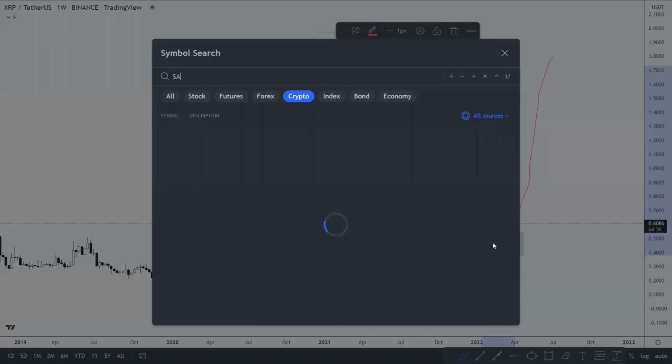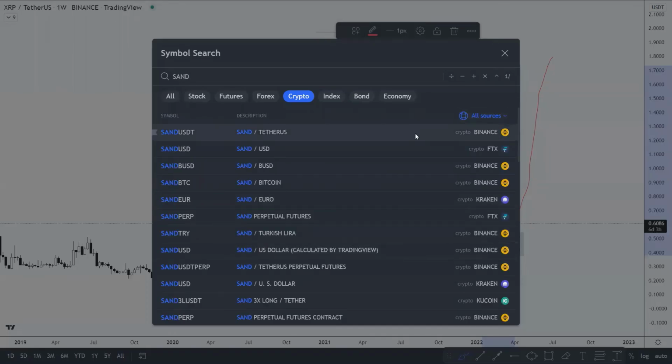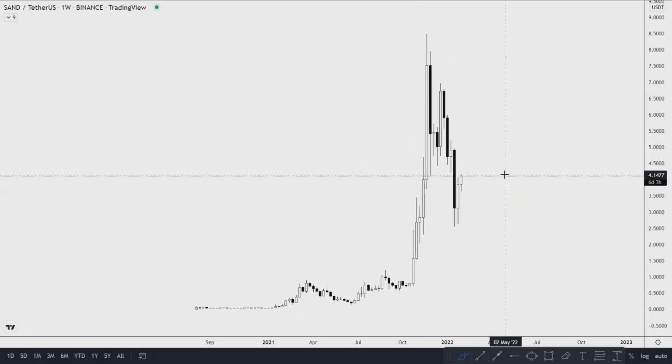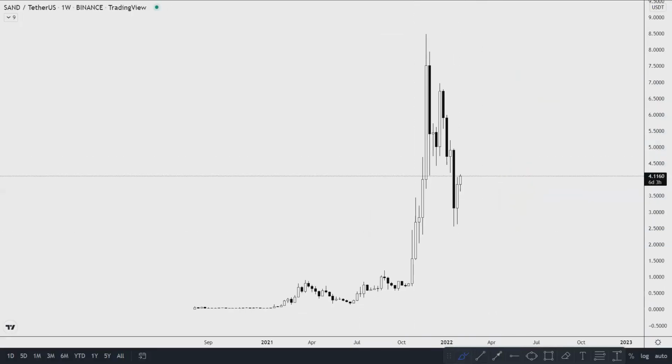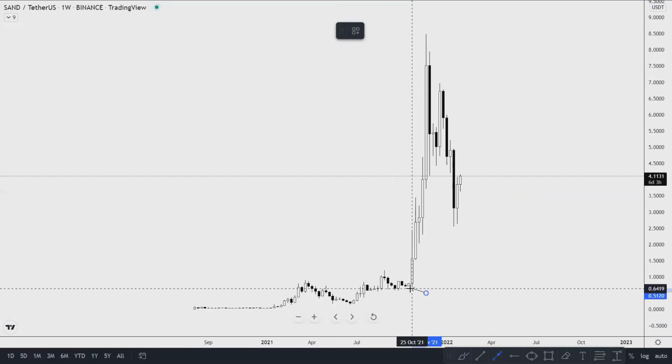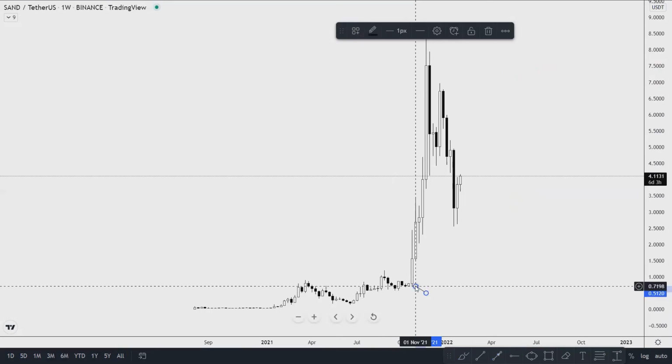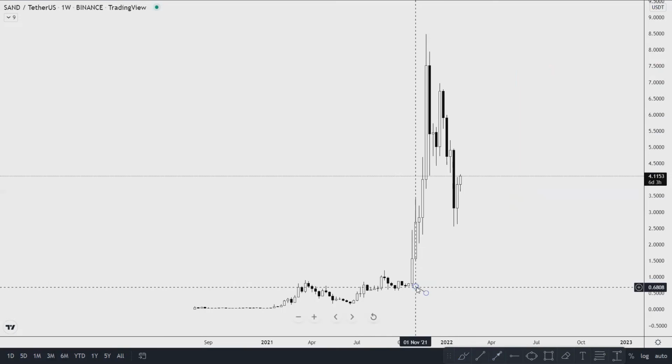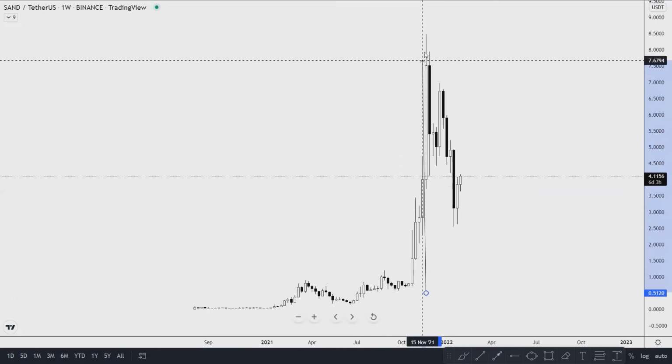Next one is Sand. Looking at this coin, this is a coin that's quite big and majorly involved in the metaverse. Not too long ago, October leading into November, it had this massive bull run here, and then we saw crazy prices.